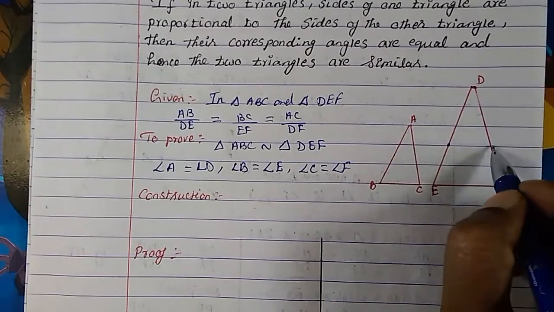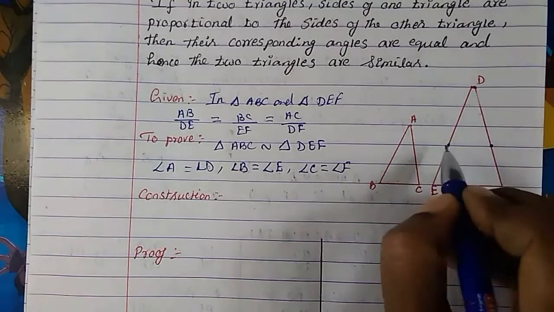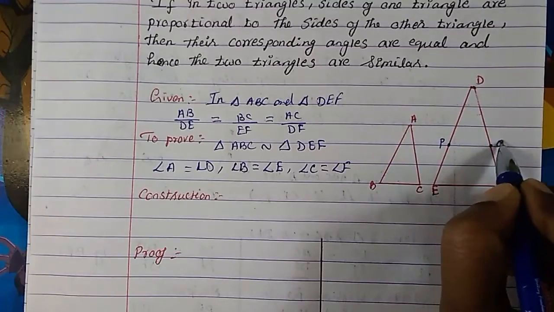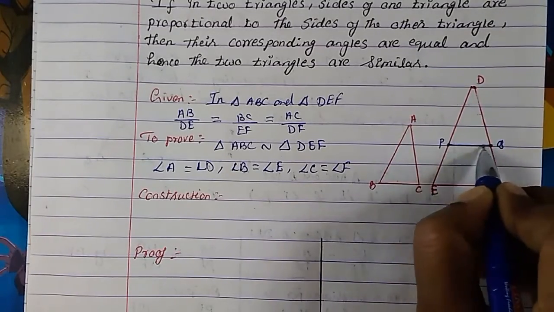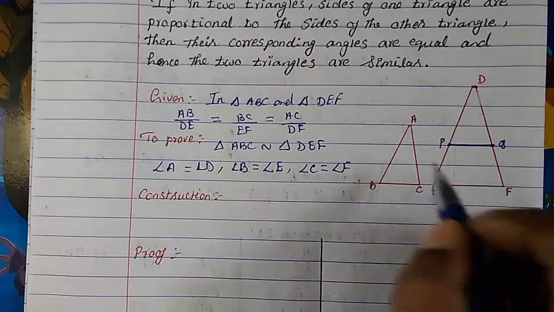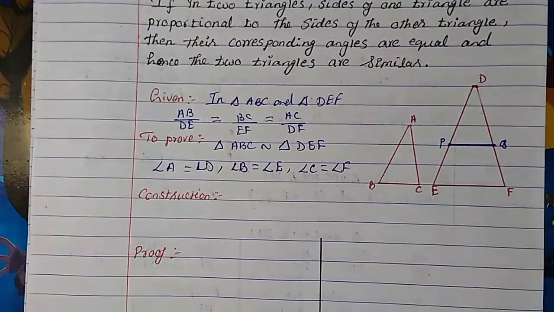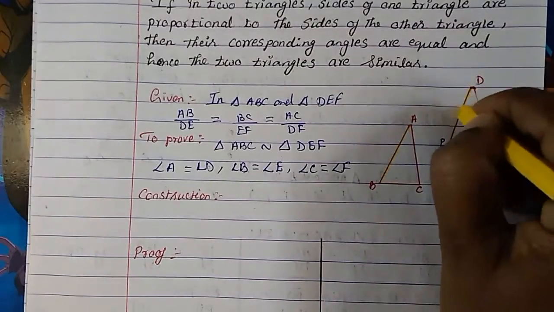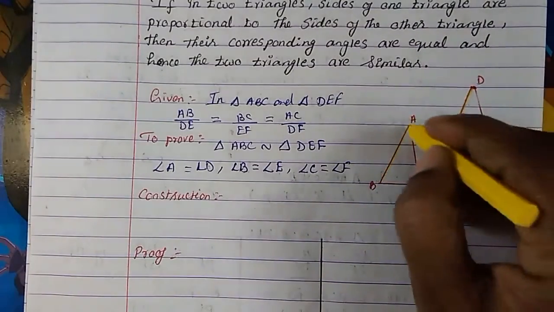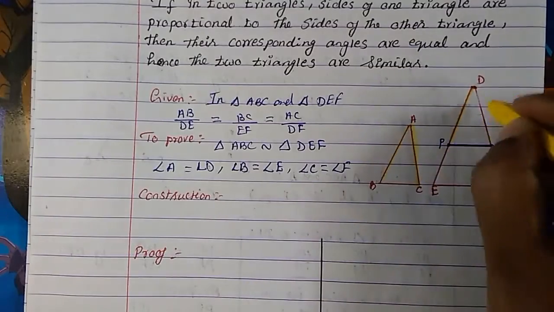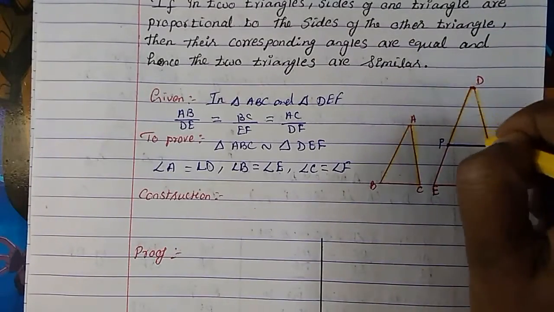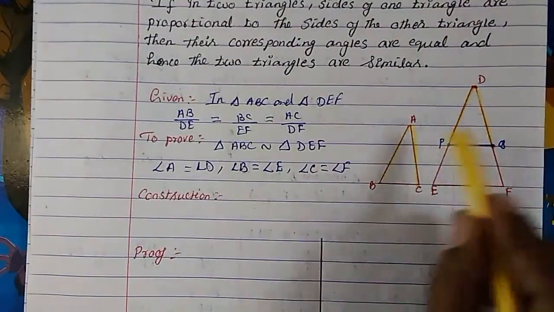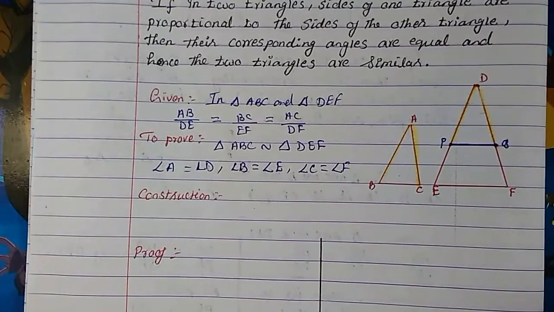That much measurement we will take to a point here, and we name them P and Q and join this line. Now this triangle and this triangle have two sides the same. How much is AB, that much is our DP, and how much is AC, that much is DQ. So we have done it so that both the sides are the same.